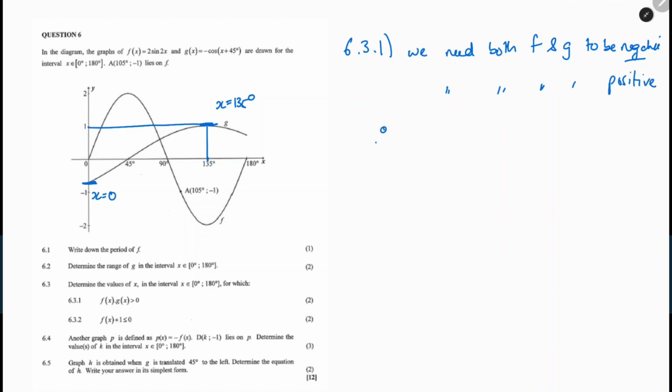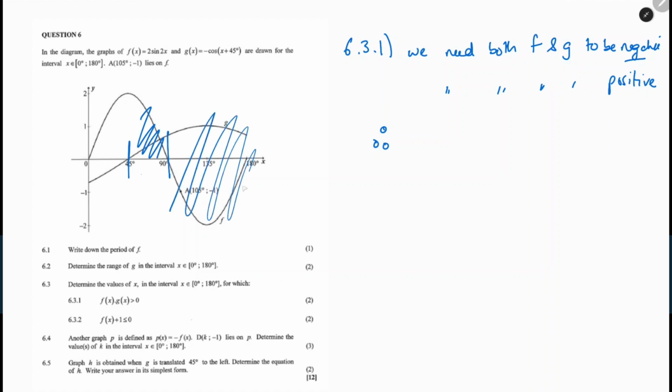Okay, so therefore, if we just look on the graph here, we can get our answer. Where is the interval where both f and g are negative? So here, in this area, f is positive, g is negative. In this area, they're both positive. Okay, so that works for us. And in this whole area here, f is negative, g is positive.